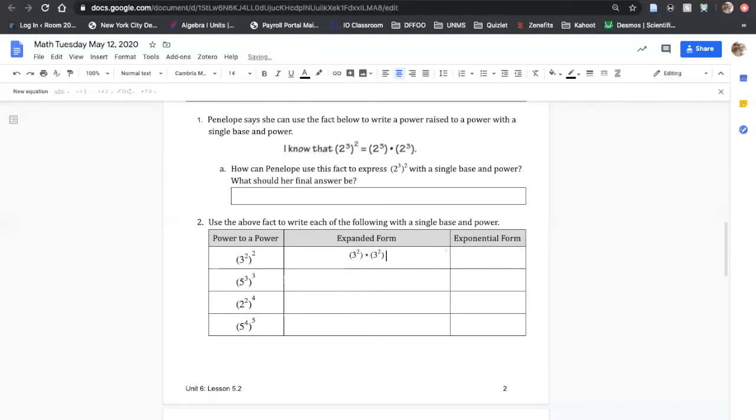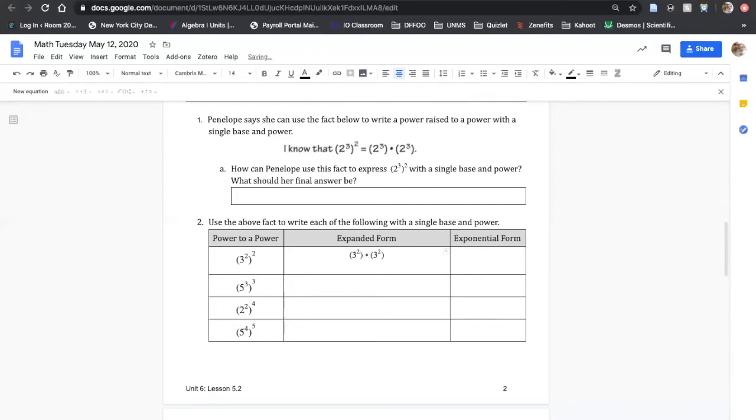And then to actually go ahead and simplify this, expand it, just like we've been doing. 3 squared is 3 times 3, right? 3 times 3 multiplied by another 3 squared, which is just another 3 times 3. And then writing all that in exponential form, all I need to do at this point, like we did yesterday with the product rule, is count up how many 3's I have. So that's 3 raised to the 4th power.